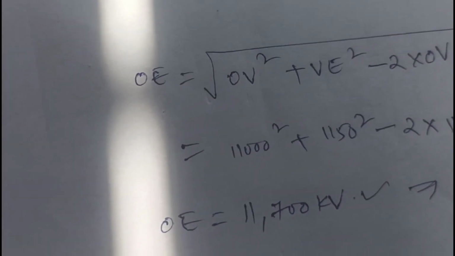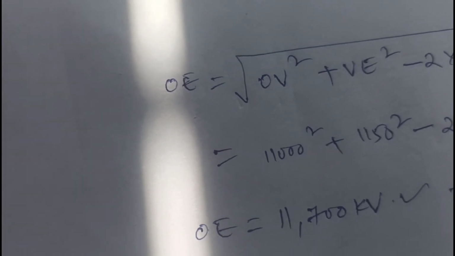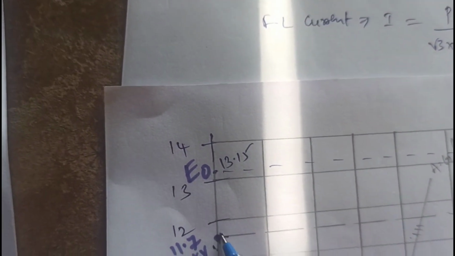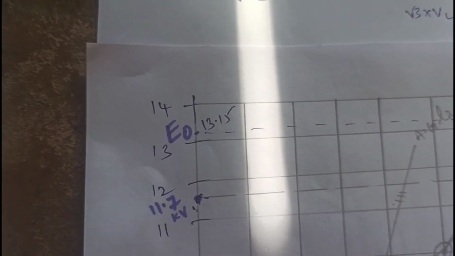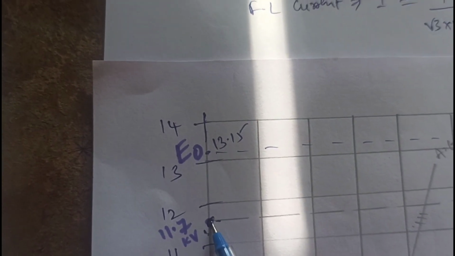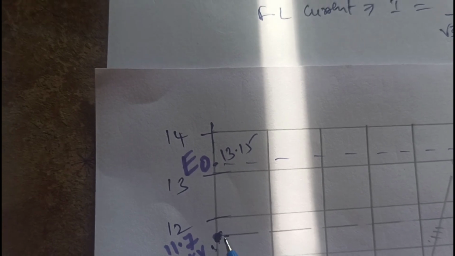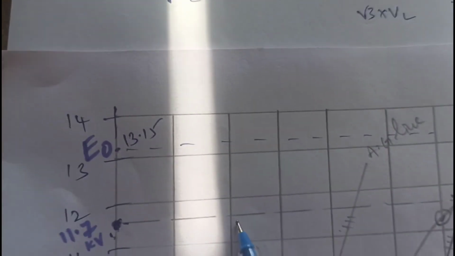Now apply this value on the y-axis of the graph. See the graph, this is the 11,700 volts on the y-axis. From this point, draw one horizontal line up to the OCC curve.